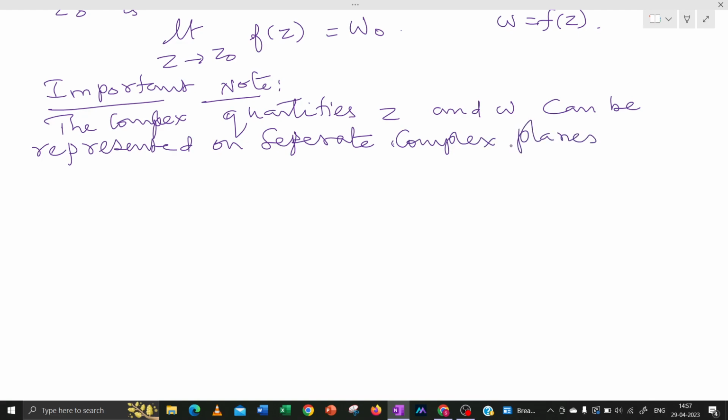If we write the complex quantities z and w in separate complex planes, they are respectively called the z plane and the w plane.